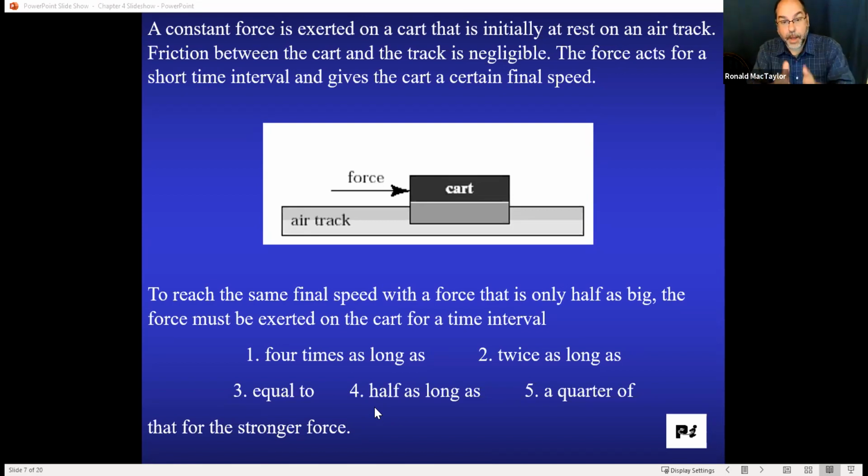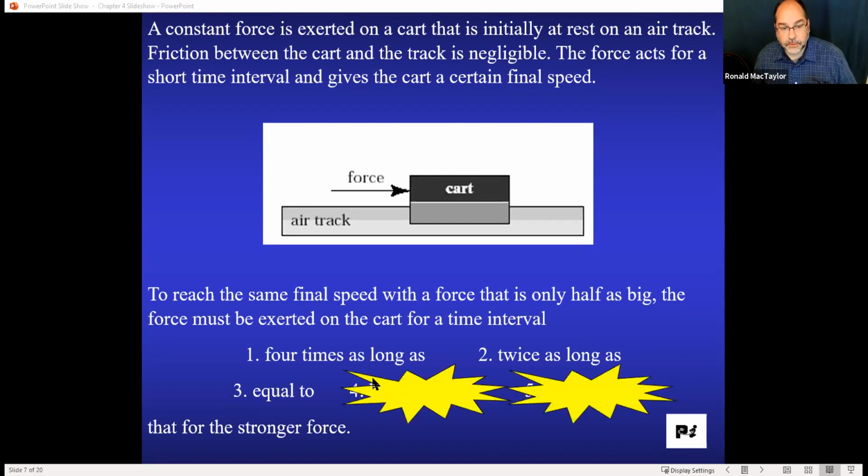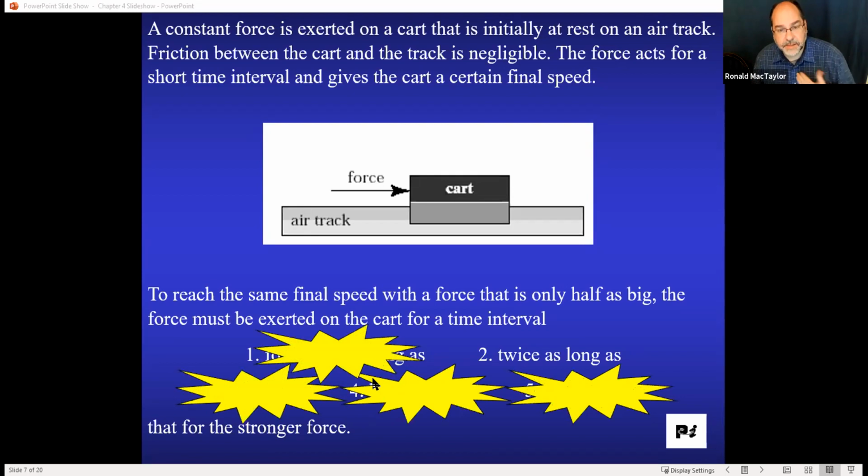But right here, if the force is half as big, then I think you've got to push it for twice as long. That makes sense to me. And the intuitive answer, I think, is the right answer for a lot of this stuff. So I'm not trying to trick you. If something does strike you as tricky, please ask about it and we'll try to figure it out.